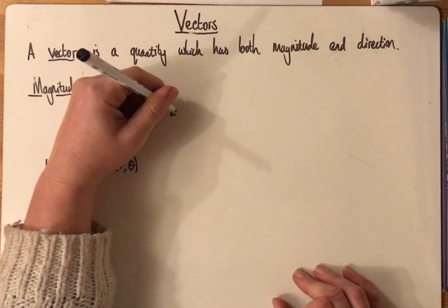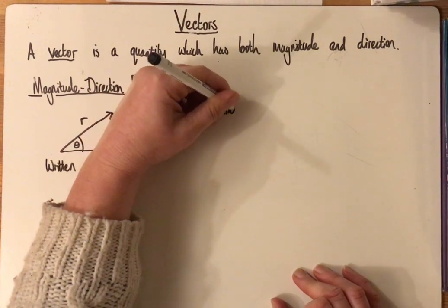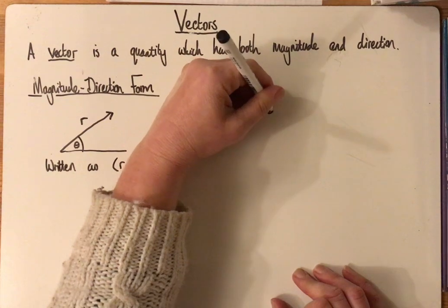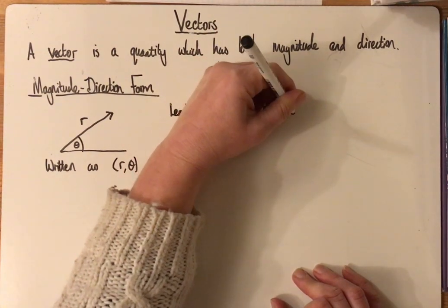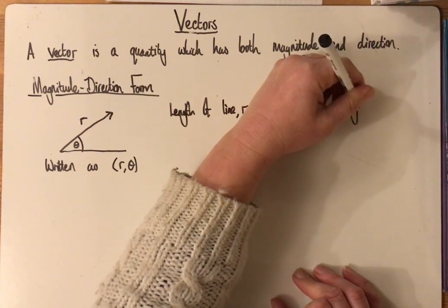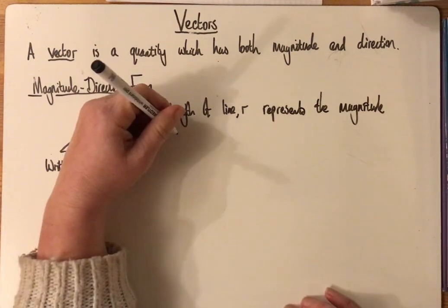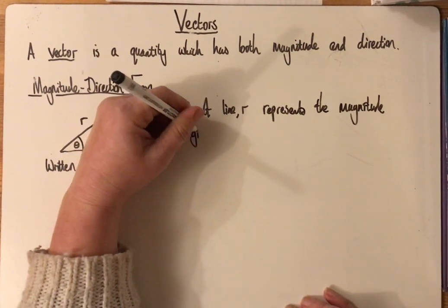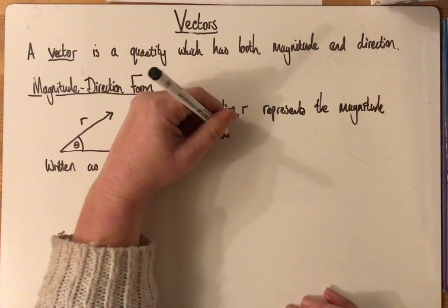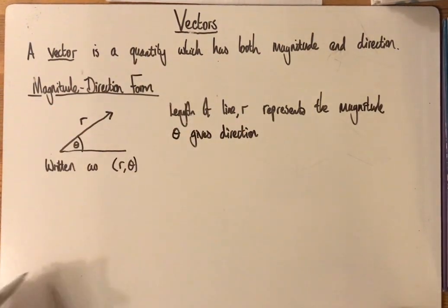The length of the line represents the magnitude, and theta gives the direction. So we're basically going into two dimensions. So far all the work we did in mechanics was just working on a line, but by introducing vectors we can start working in two dimensions.